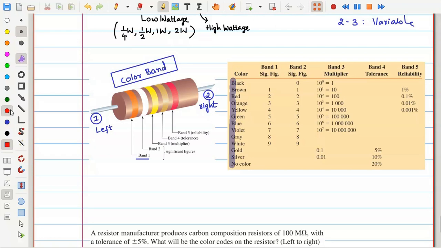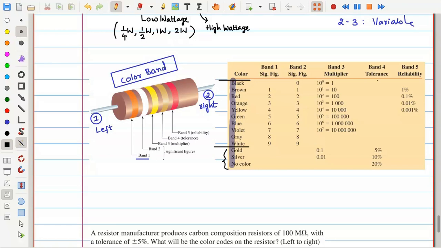Up to this portion, that is from black to white, is the very important color coding. And the remaining three are only for some applications. For band 3 it is a very rare case, but band 4 we see very often. The band 4 colors are gold, silver, or no color.